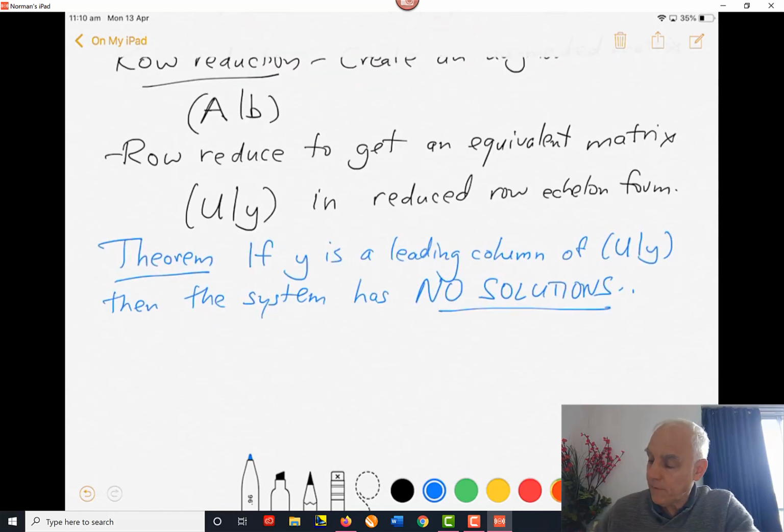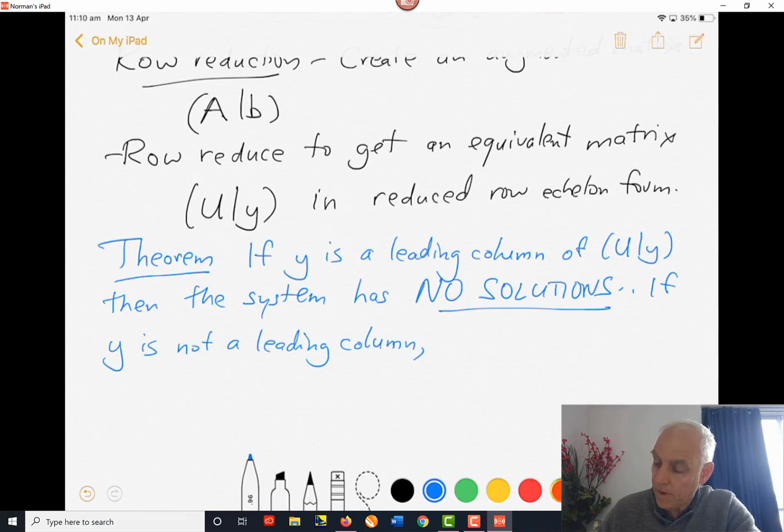On the other hand, if Y is not a leading column, then there are solutions. And maybe that's the first point.